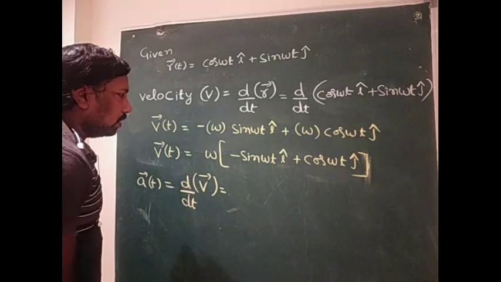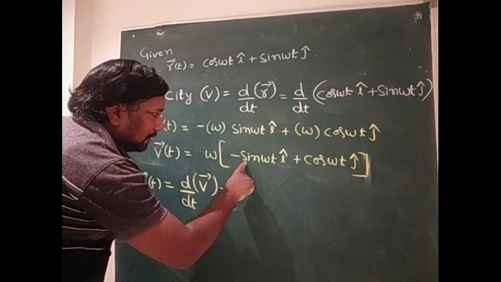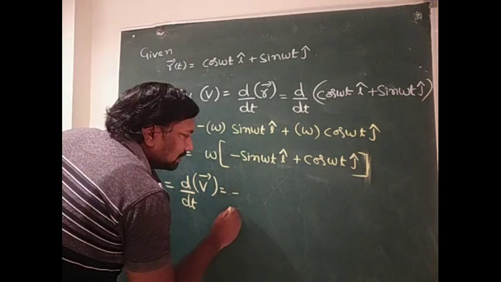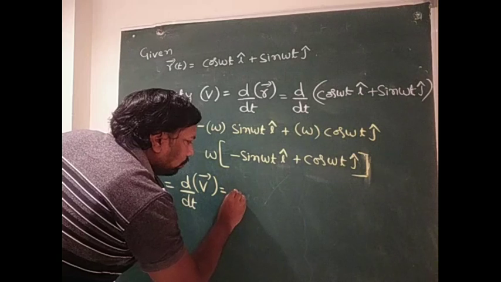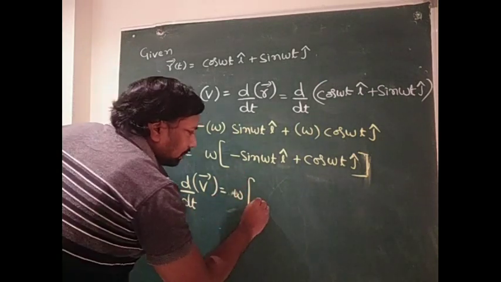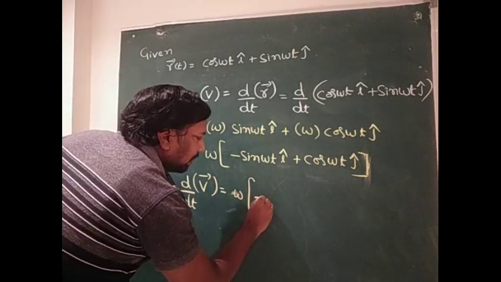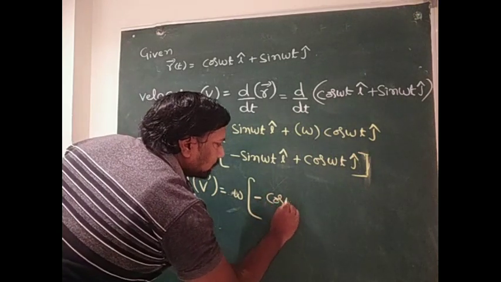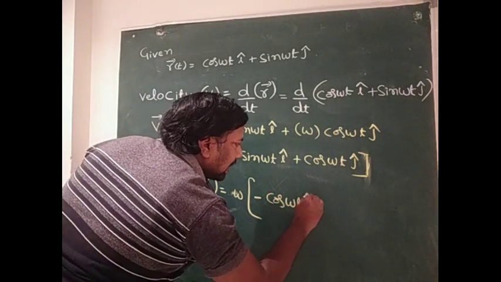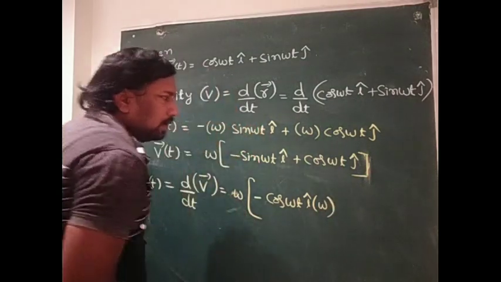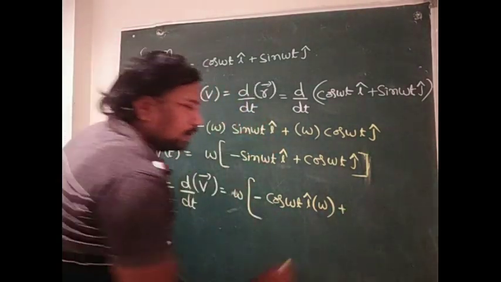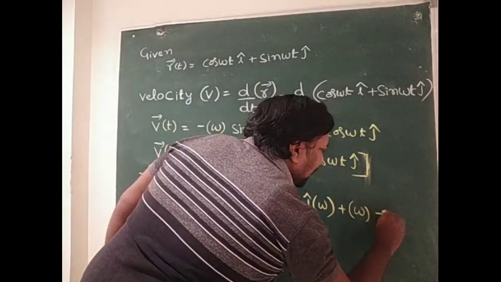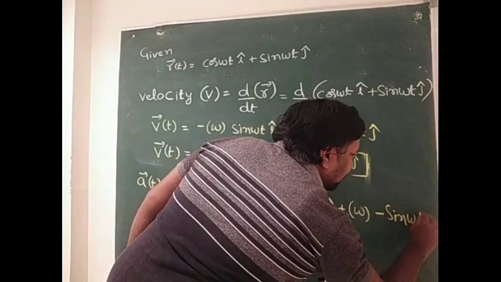Minus omega into sin omega t minus cos omega t i cap into omega plus omega into minus sin omega t j cap.